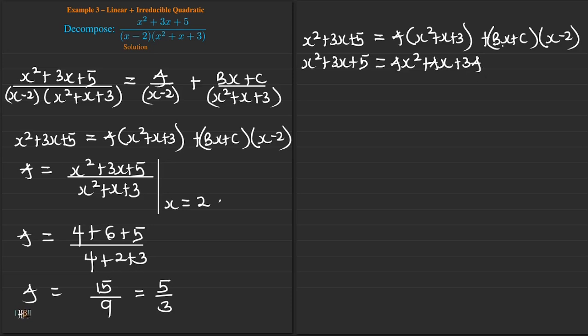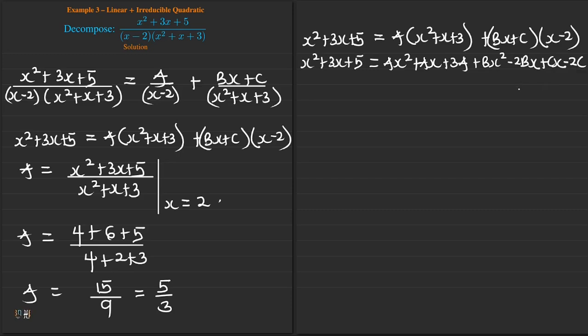And then we have our bx times x. That gives us bx squared. Then bx times negative 2 gives us negative 2bx. And then that of the c. So c times x gives us plus cx. And then c times negative 2 will give us negative 2c.